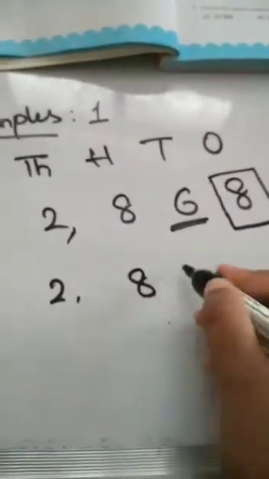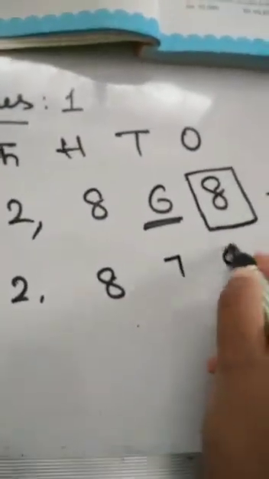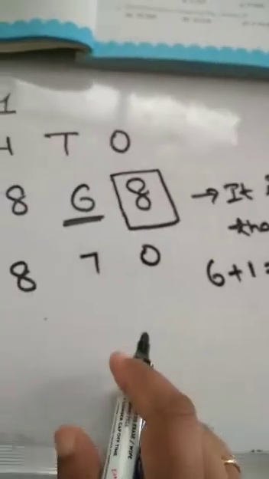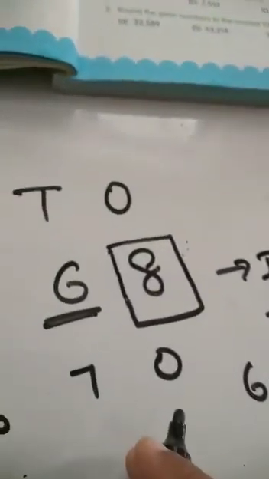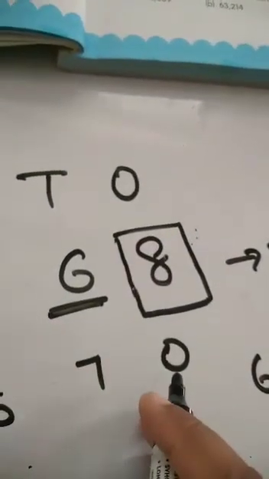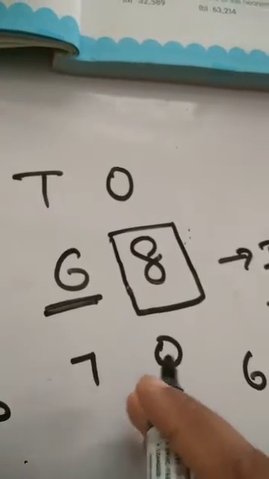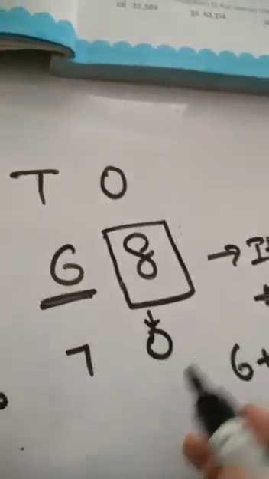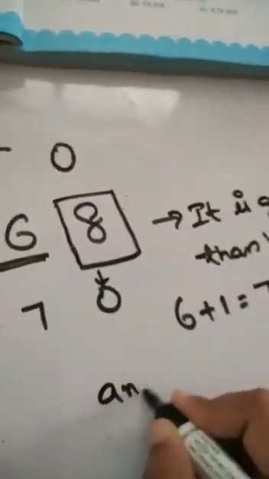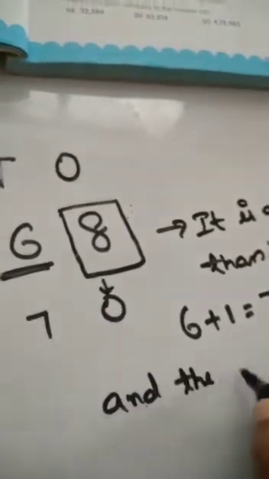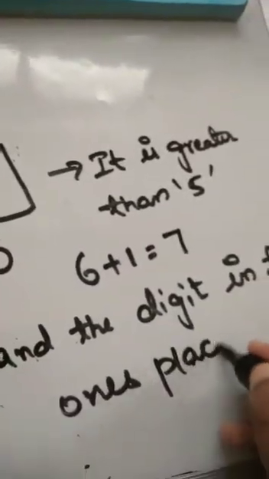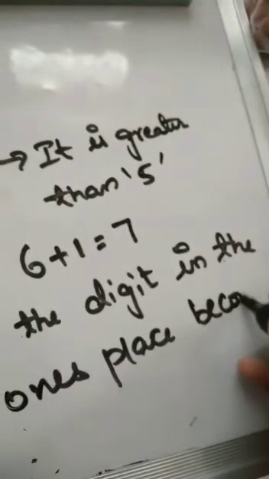Now we have to write this as 42,800, and the digit in the ones place becomes 0. Here I have written 0 in the ones place.